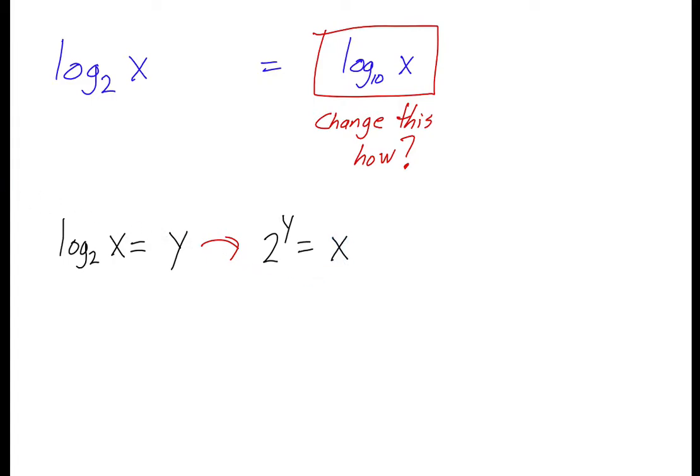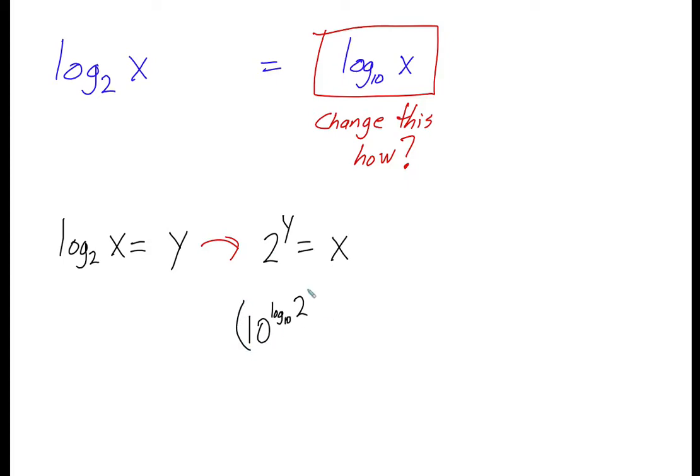But we know how to change the base of an exponential. This 2 can be written as 10 to the log base 10 of 2. I'll even put the 10 there just to emphasize that it's a log base 10 of 2. 10 to the log base 10 of 2 is the same as 2.